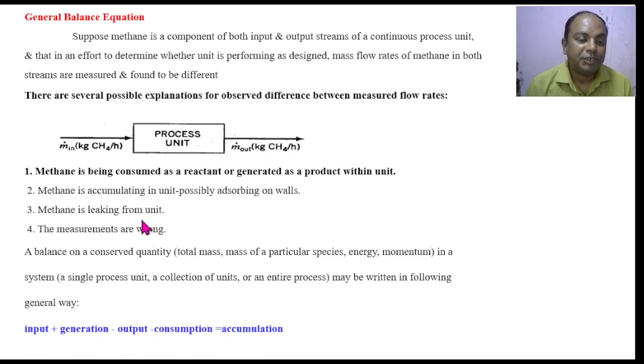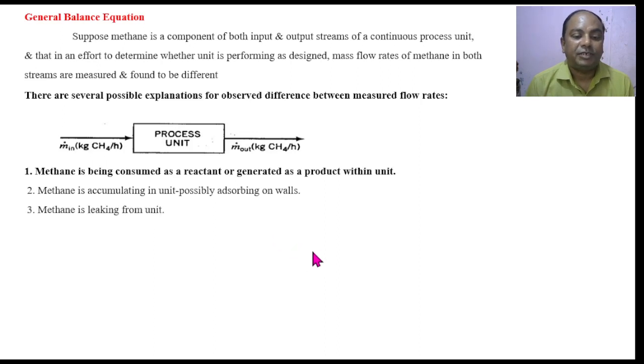So all these predictions, all the assumptions that we have taken into consideration, why the methane coming out of the process is less or more as compared to the methane coming into the process unit, finally lead us to draw one equation.